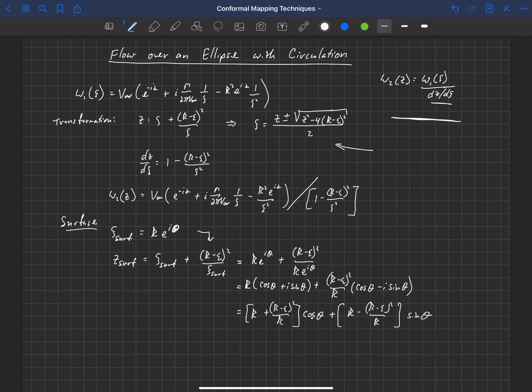Okay, and this is z at the surface, so I can say this is going to be x plus iy on the surface. So this is actually now the equation for an ellipse.